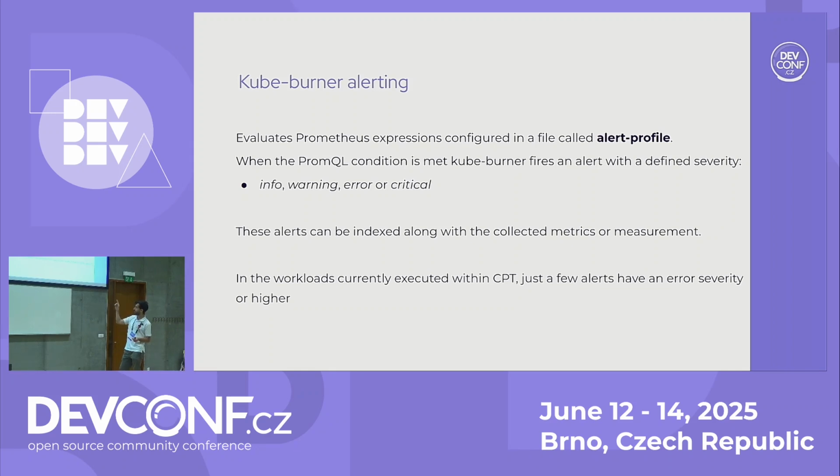The interesting thing is that this alert can be indexed along with the metrics collection. So at the end of the benchmark, apart from examining the metrics, the job configuration, and the cluster metadata, the user can examine if any alert has happened during the benchmark runtime.